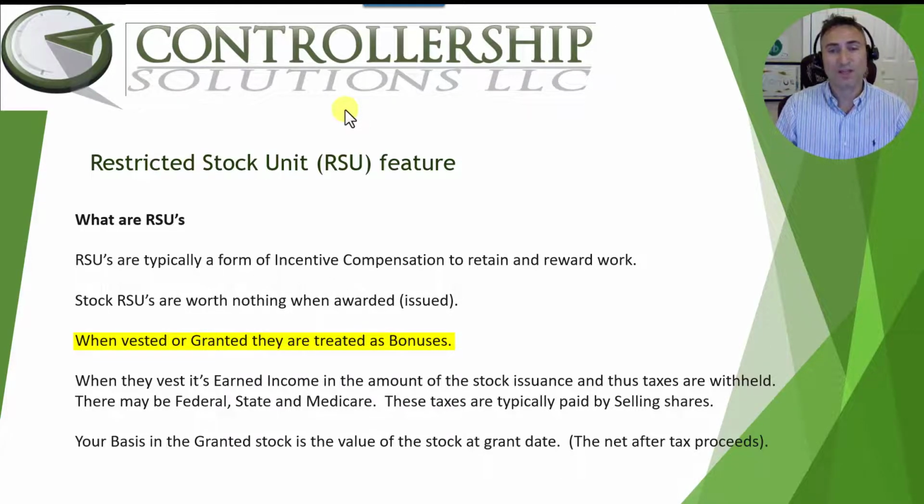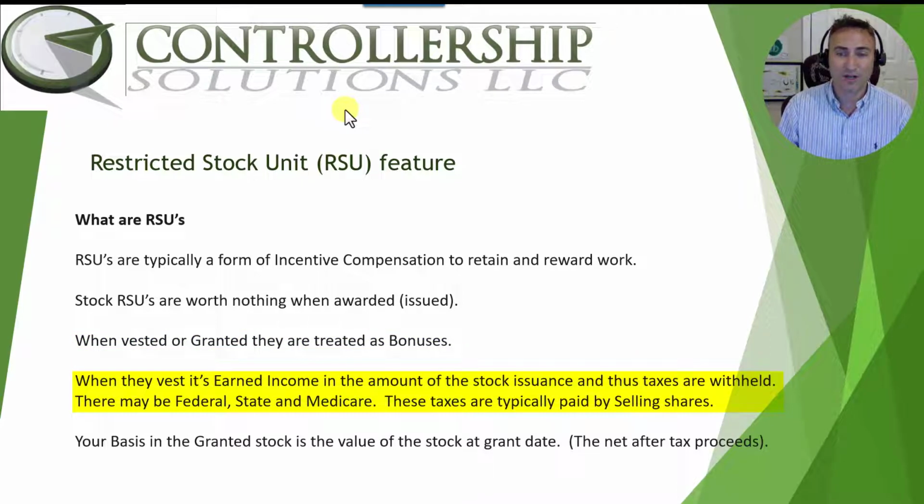At that point, it's treated as a bonus or regular earned income. And with all earned income and all bonuses, you have to pay taxes. So taxes are withheld. Sometimes that may include federal, state, and Medicare. And typically, these taxes are paid by selling a certain amount of shares.